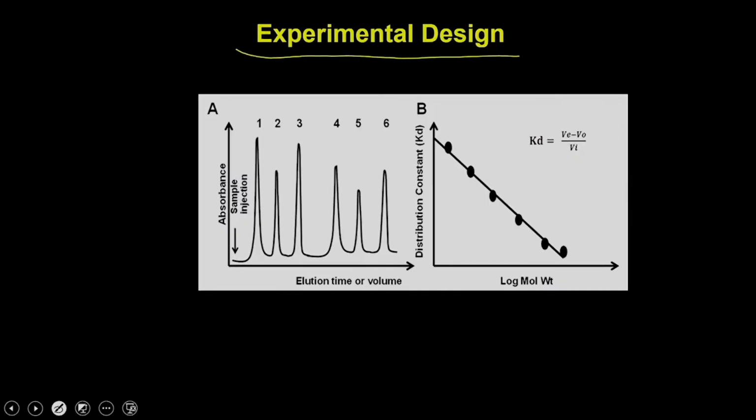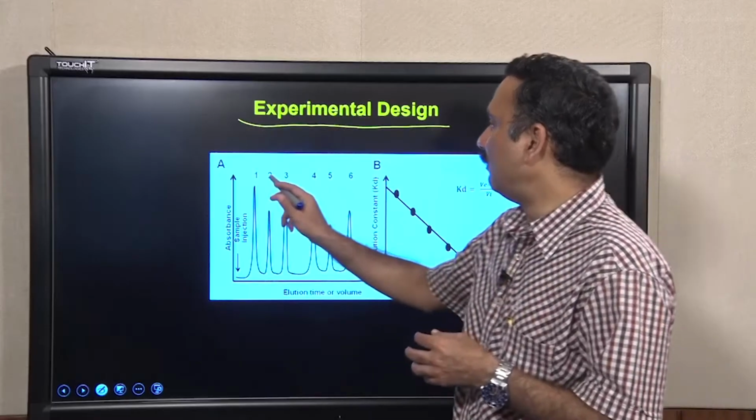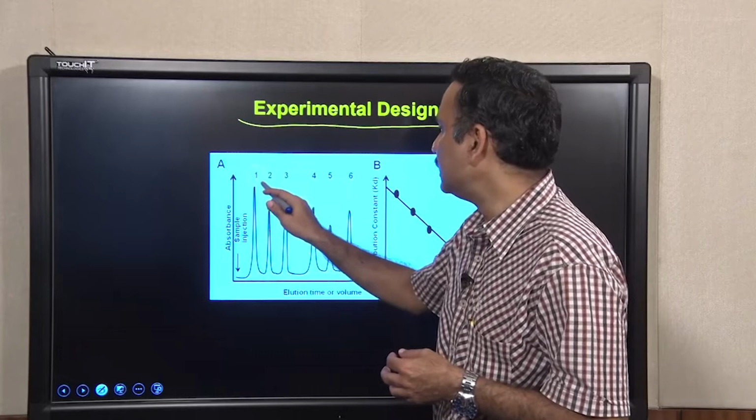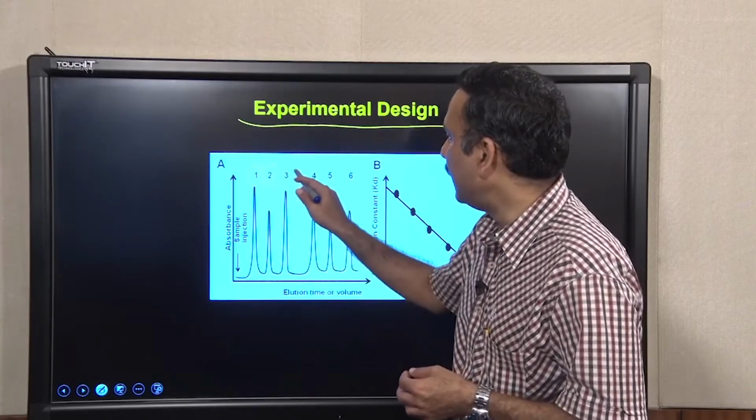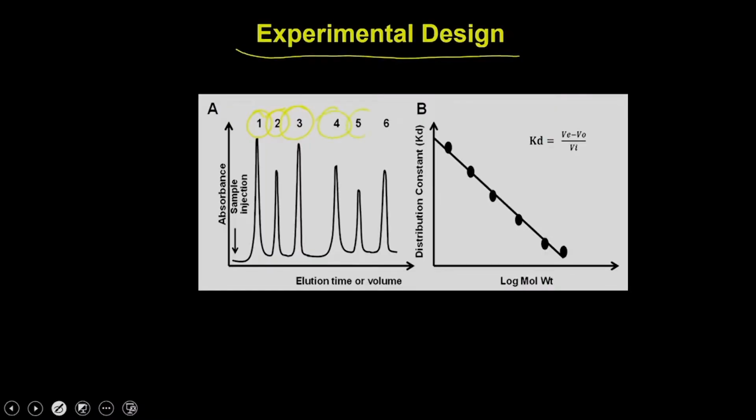So, what is the experimental design? For the experimental design, the first thing you have to do is run multiple proteins of different molecular weights. In this case, for example, we are running different molecular weight proteins, and then you have to draw a calibration curve between Kav versus log molecular weight.